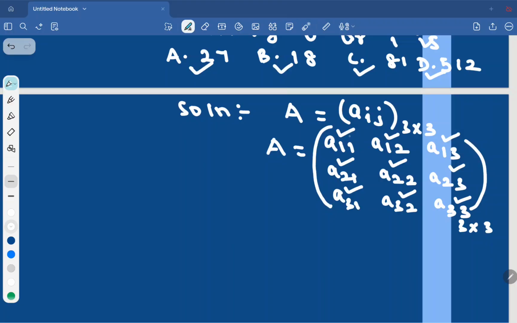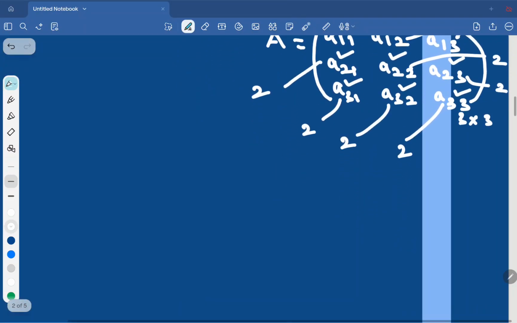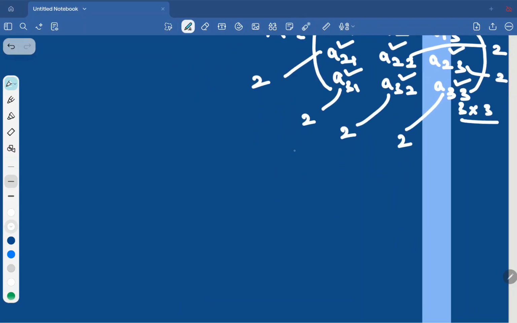Therefore, A11 has two possibilities, either 0 or 1. Similarly, for A12, A13. A21 2 possibilities, A22 2 possibilities, A23 2 possibilities, A31 again 2 possibilities, A32 2 possibilities, A33 2 possibilities. Total elements 9.